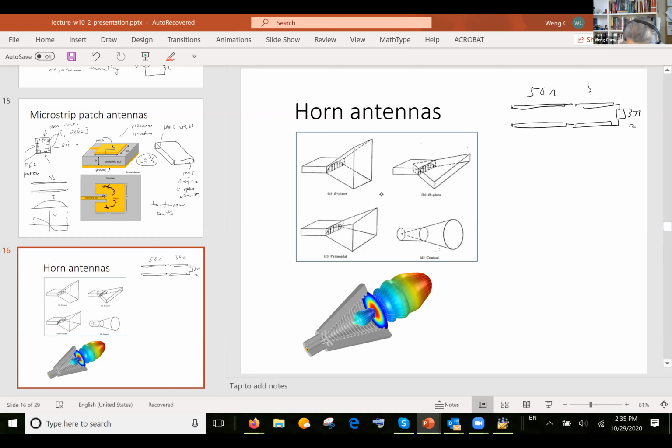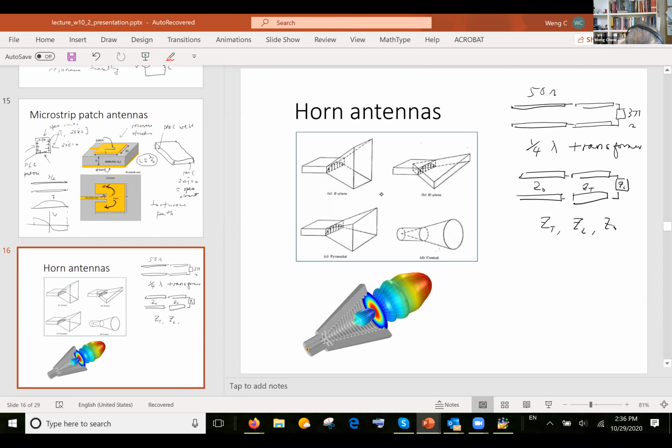So what we do is that we learn something called a quarter wave transformer. If you pick a quarter wave transformer, what you have is Z naught, and then you have something called a ZT here, and then you have a Z load. What is the relationship between ZT, Z load, and Z naught so that there's no reflection in this structure?